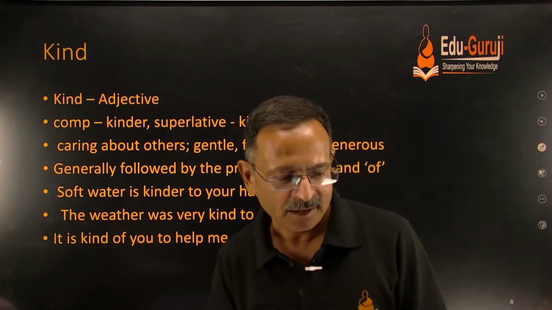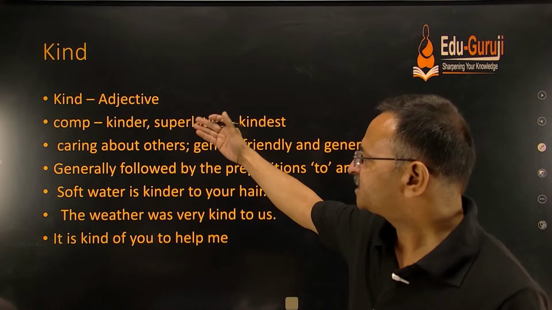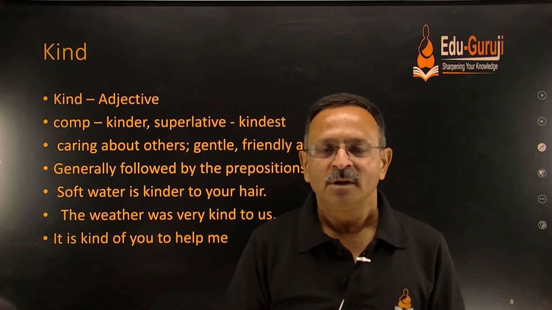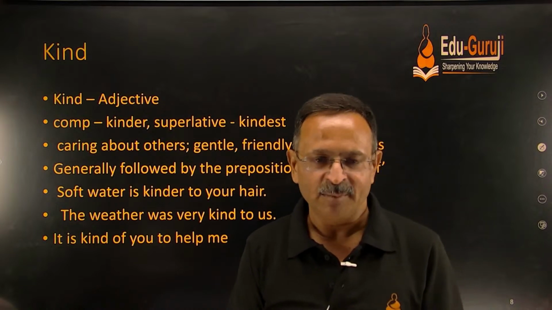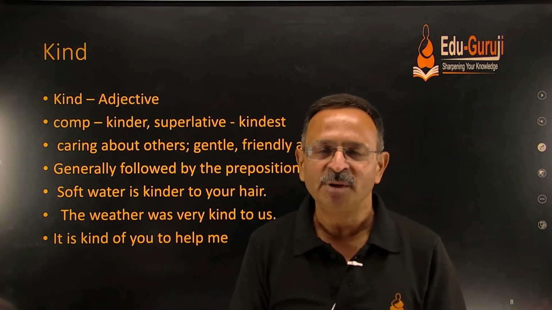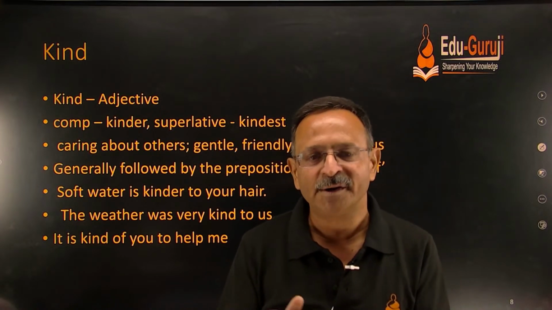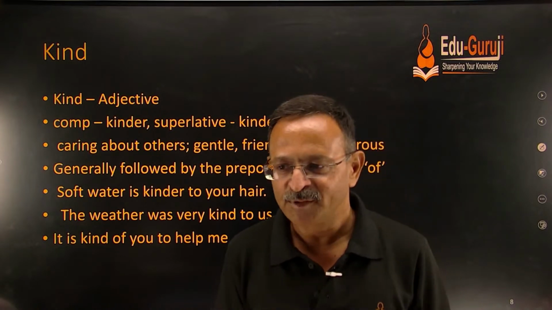Now let's see kind as an adjective. If I were to ask you, how would you define an adjective? Probably your answer would be, okay, sir, adjectives talk about the quality of the noun, or they describe the noun.